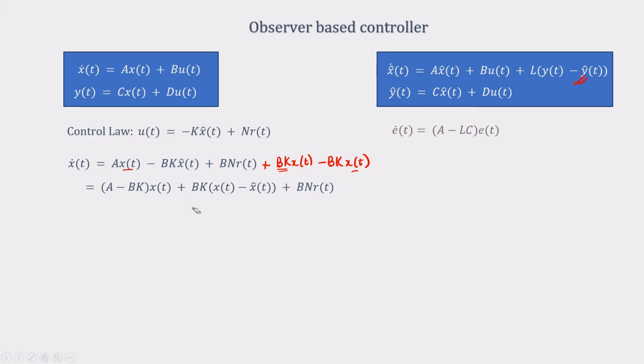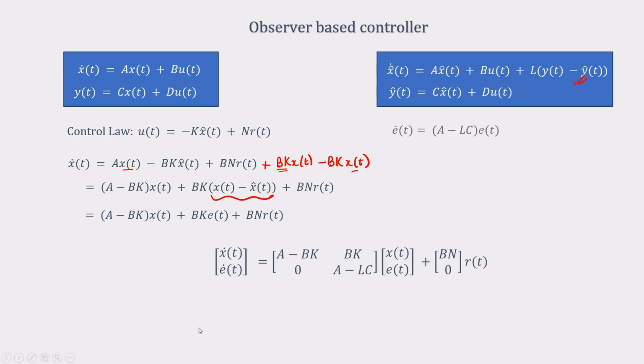This expression is nothing but e, and therefore x dot can be written down as (A minus BK) x plus BK e plus B N r. So, this is the first differential equation. This is the differential equation that the actual plant is following now, and the error dynamics follows this differential equation e dot equal to (A minus LC) e.